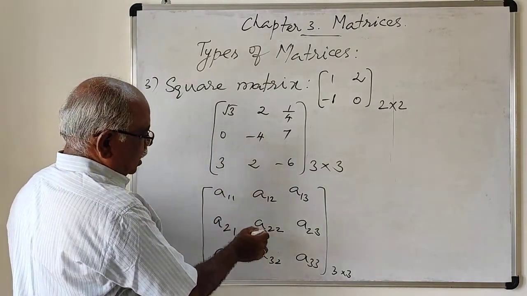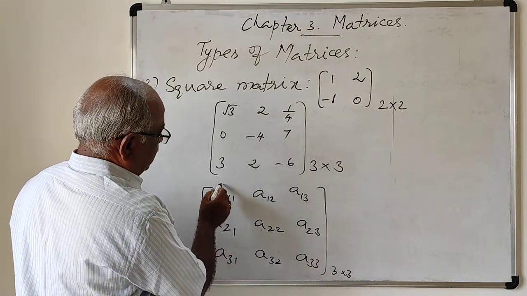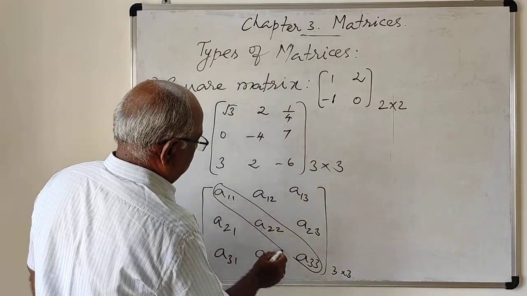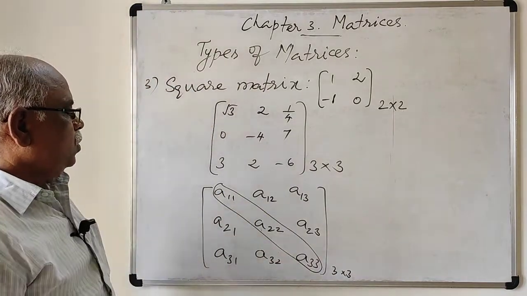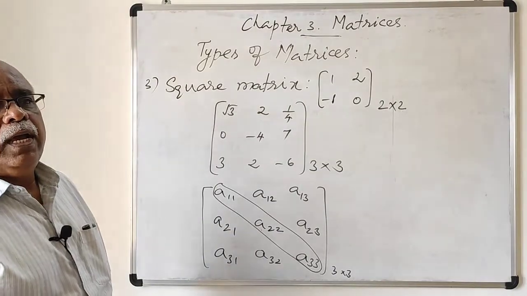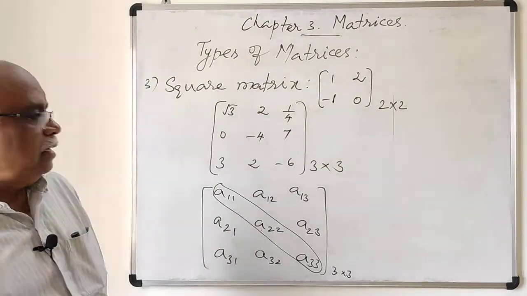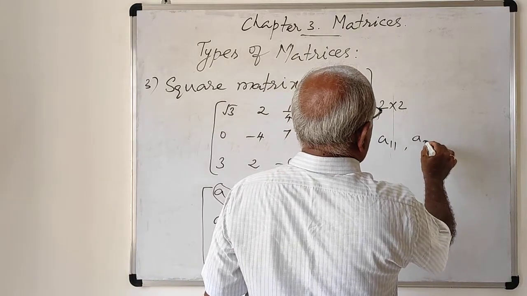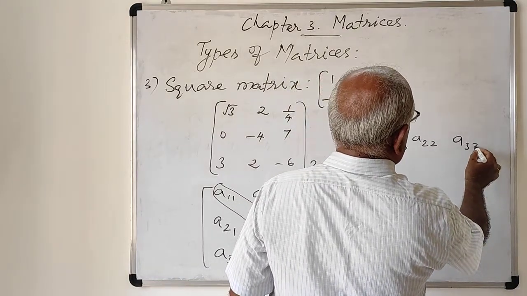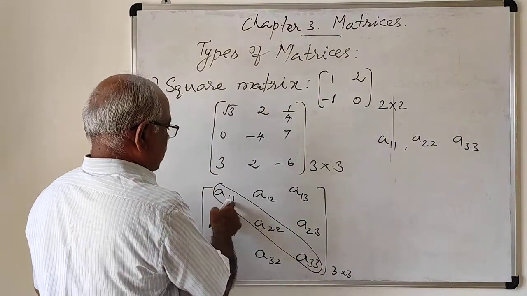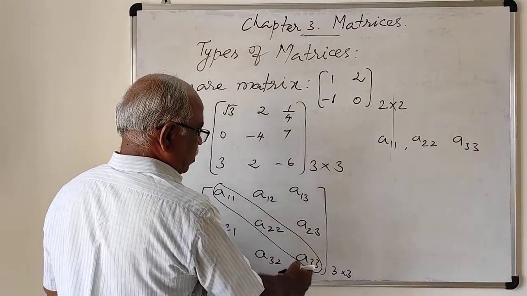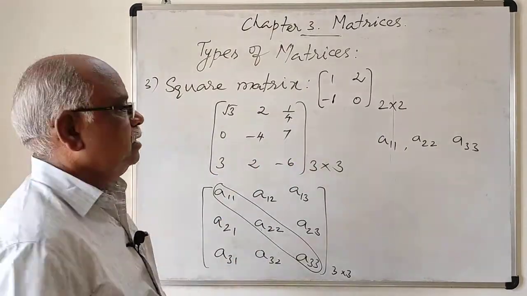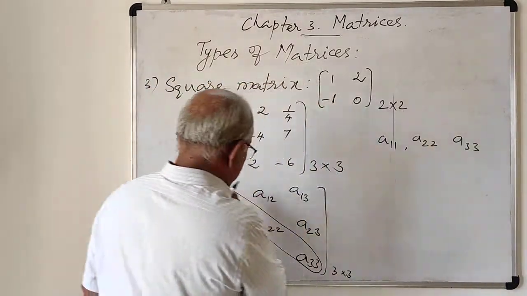See, this A11, A22, A33 elements are called leading diagonal elements. See, the column number and row number are equal: Ajj or Aii, like that. See, A11, A22, A33.